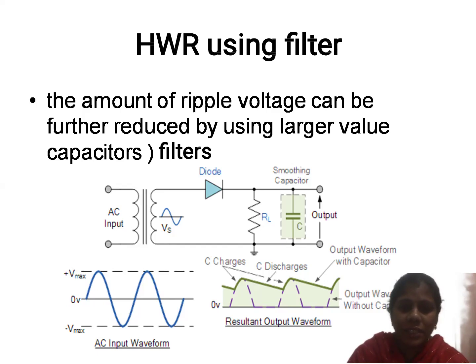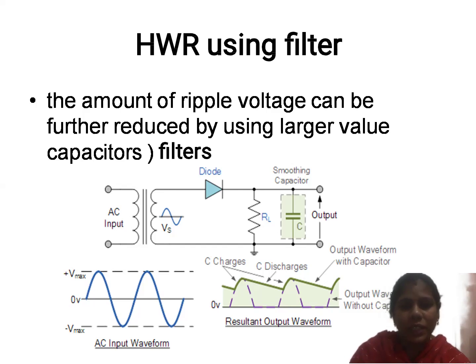We can say that the output of the rectifier is a pulsating DC, meaning some unwanted components are present in the output of the half-wave rectifier. To remove these unwanted AC components, the half-wave rectifier is designed with a filter. This filter removes the unwanted components and gives a smooth output.